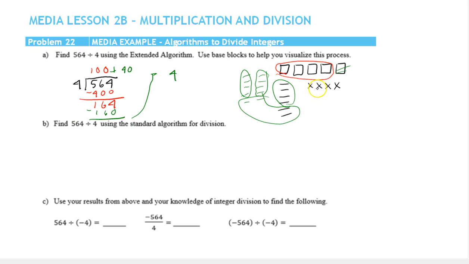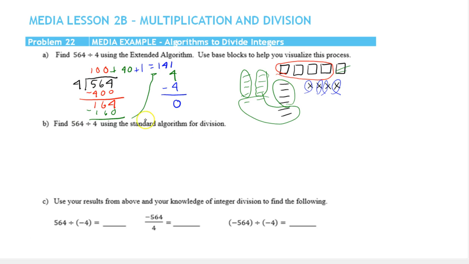And then we said with these 4 units, each group of 4 could get 1, so we can use them all up, 1 for each. So that was 1 unit for each of the 4 groups, and then we have used these, and we're left with 0, and that's how we know we're done. So each of the 4 groups got 1 flat, 4 rods, and 1 unit, or a total of 141. So that would be our result.